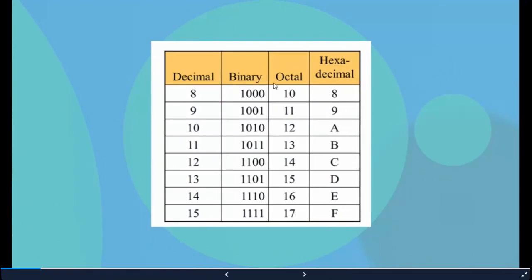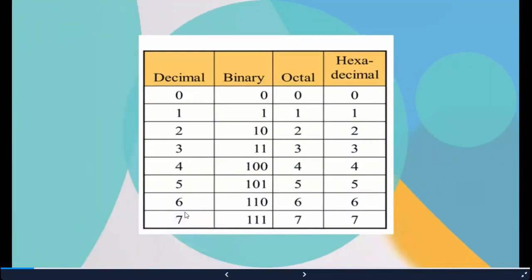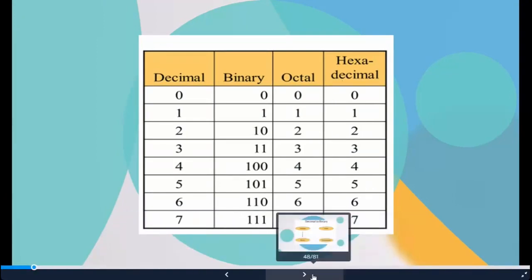For binary, it's going to be 1 0 0 0. We're going to do some computation for that. But notice for octal, the 8 now from the 7, remember, 7 7 7. For hexadecimal, 7 7 7 also.